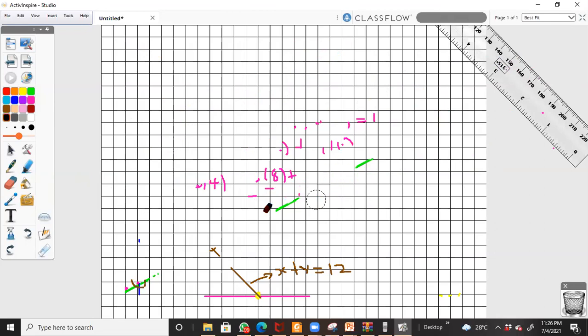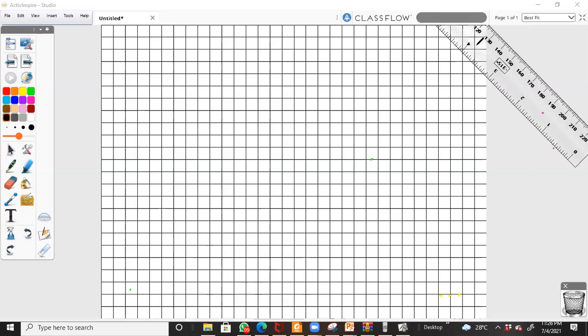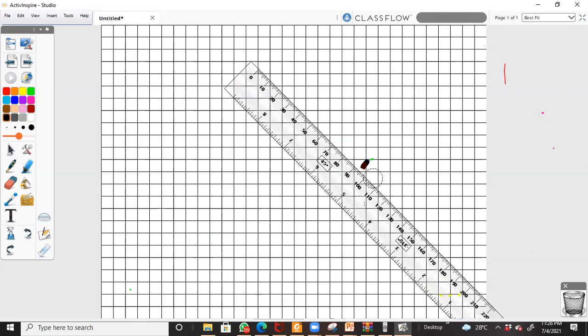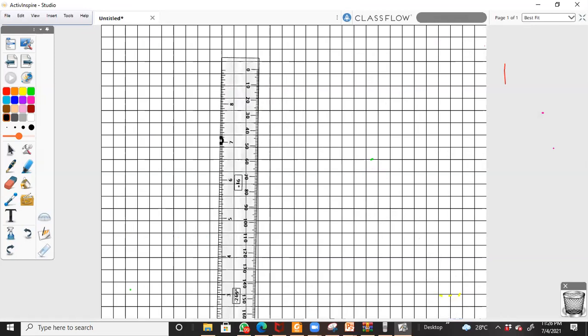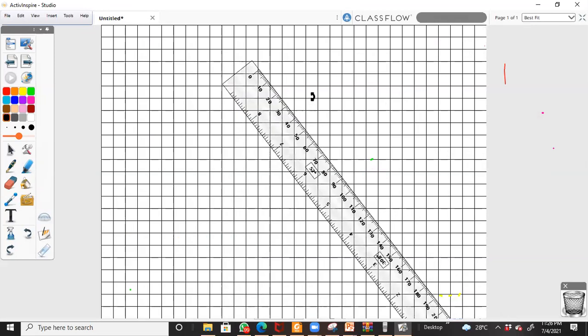So we have been asked to use, what was the scale again? 2 centimeters to 10 on the x-axis and 1 centimeter to 5 on the y. You never pay attention to that. So it's very important, when you get the question, to pay attention to the scale they gave you.